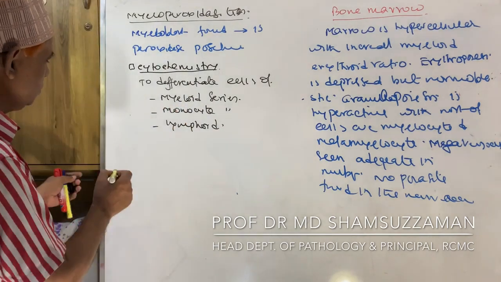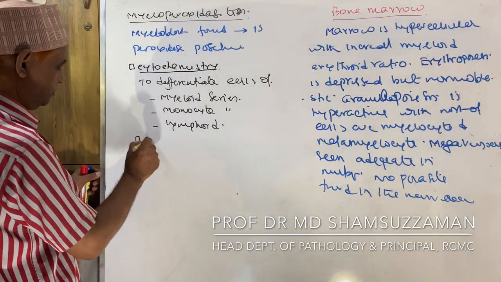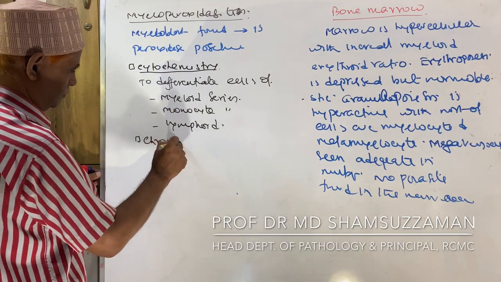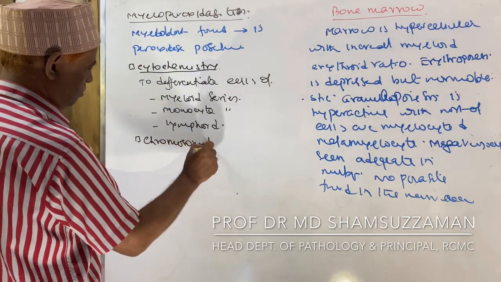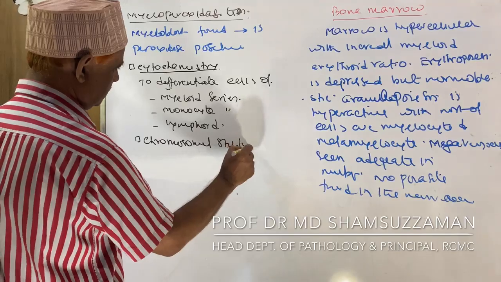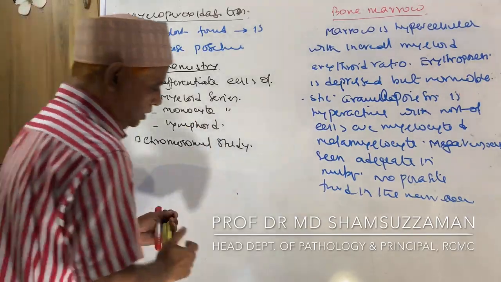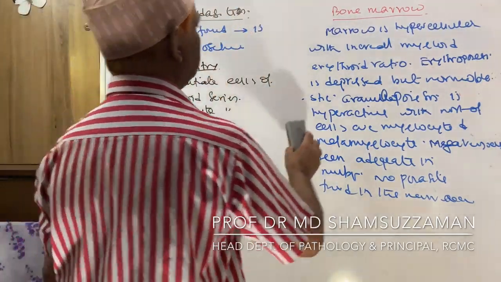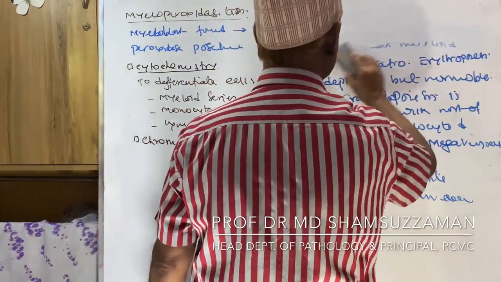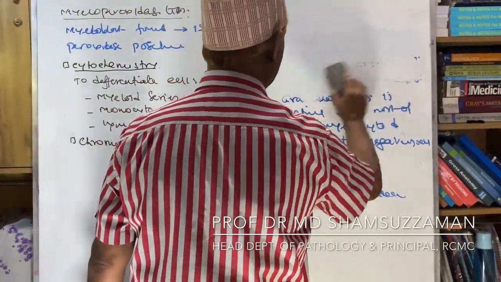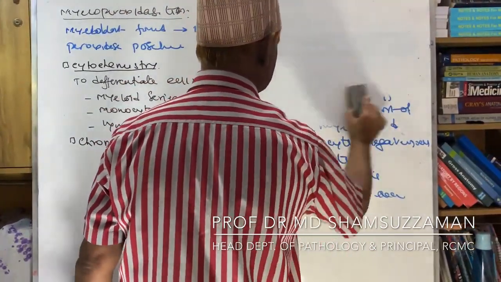Then we have to do chromosomal study. Dear audience, in karyotyping or chromosomal study, we search for the Philadelphia chromosome.